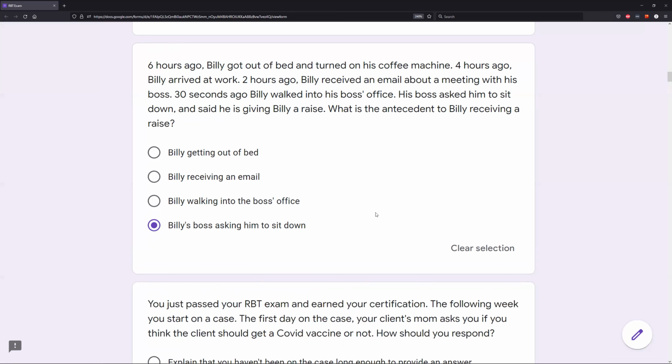Those can be setting events. Those can have an impact. But what I'm really looking for is what happens right before they tantrum, immediately before, okay? The closer we can get to identifying what happens right before a response, the better we're going to be at changing what follows the antecedent, okay? So in this case, the antecedent, what happens right before Billy gets a raise, is Billy's boss asked him to sit down.